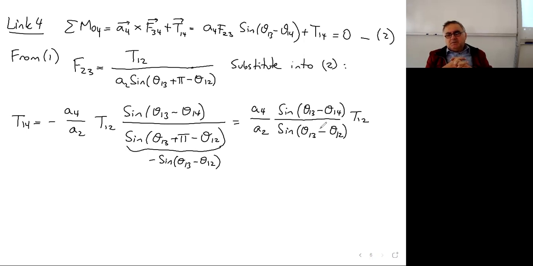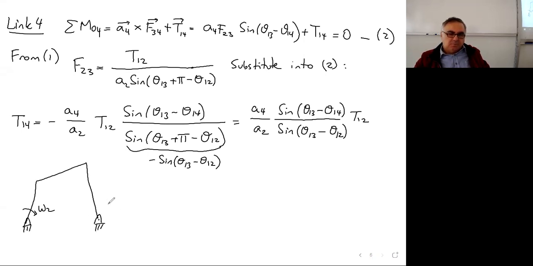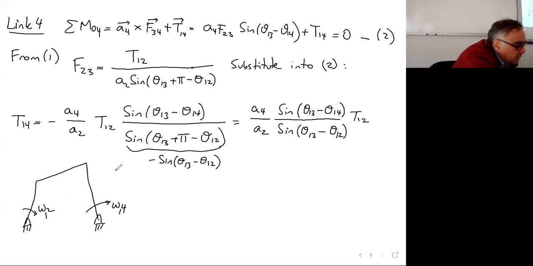I don't remember exactly, but if you have a 4-bar mechanism like this, if this is omega 2, if this is omega 4, I think the relationship between omega 1, 4 and omega 1, 2 is very similar, probably exactly something like this.